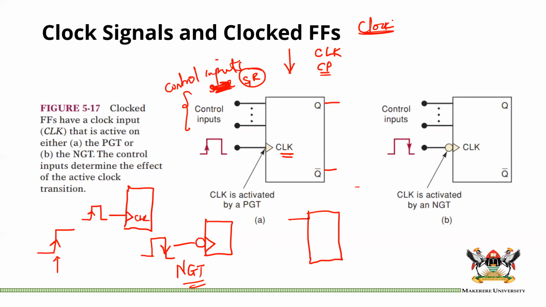So you can have your input 1 and your input 2, and you can have your Q and Q inverse, and usually we have the clock in the center, okay? And this clock in this case is a PGT. These arrows are important. If you draw your thing and you don't put arrows, I'm not going to give you any mark for that. The arrows are important because they tell me, okay, this is a PGT, this is an NGT.